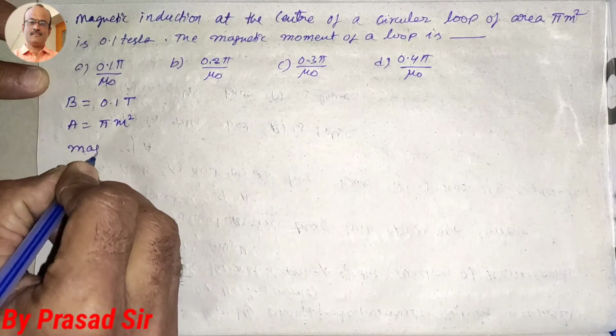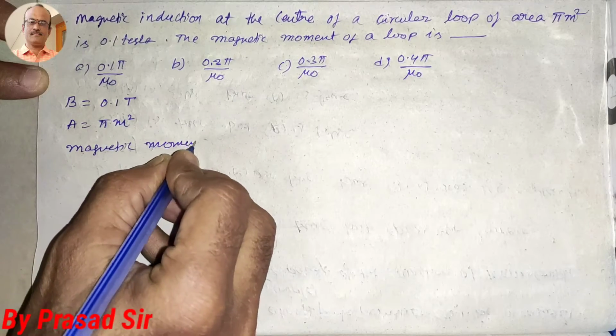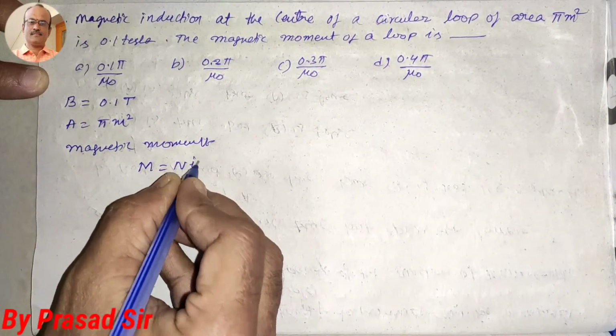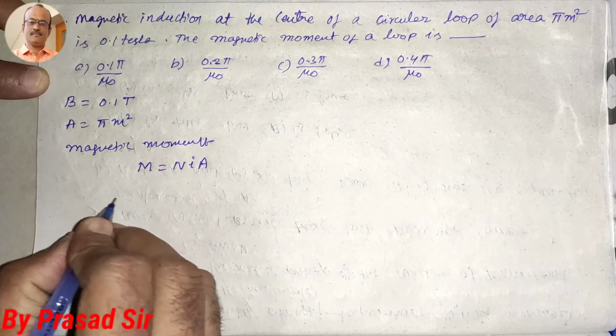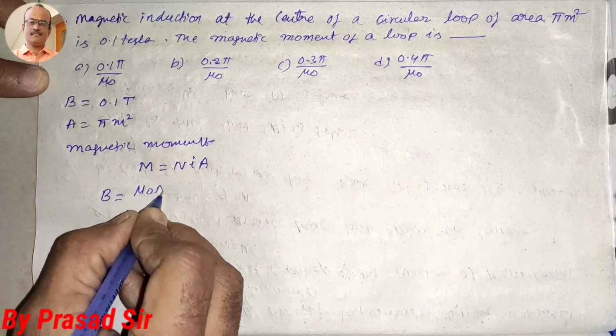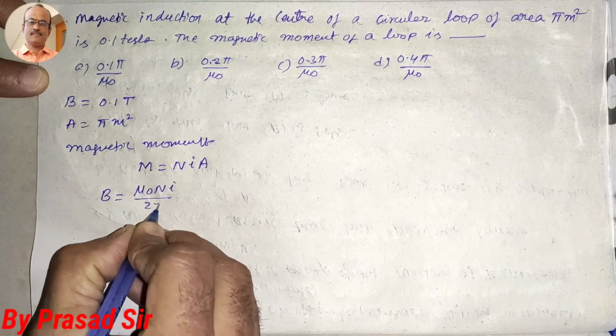So here magnetic moment, that is capital M is equal to NIA. But actually magnetic induction B is equal to mu naught N into I divided by 2R.